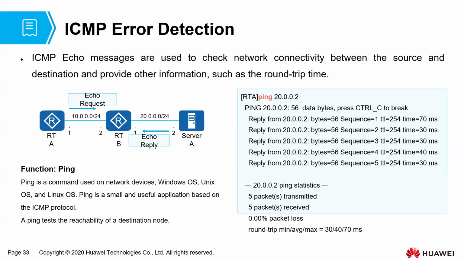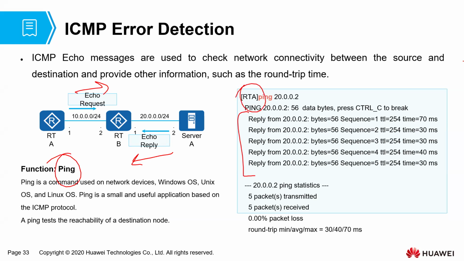Here is an example, a ping. As you can see, ping is basically a request which is sent, an echo request. If I get a reply, then it means there is connectivity between my devices. This is an example of a ping on a device, a router.